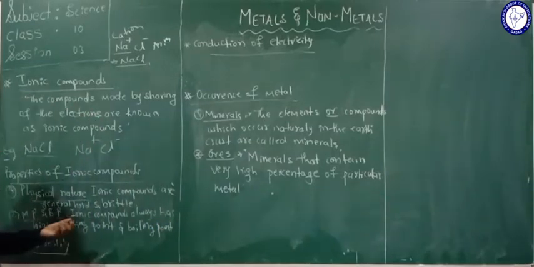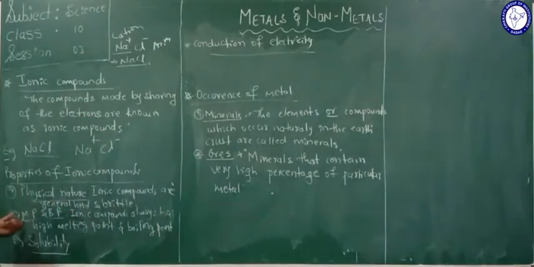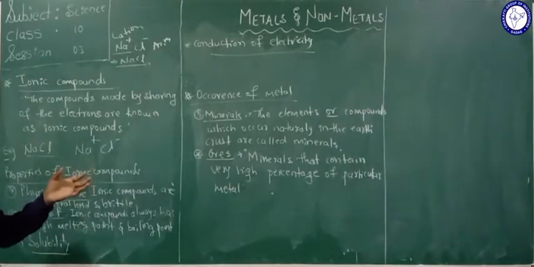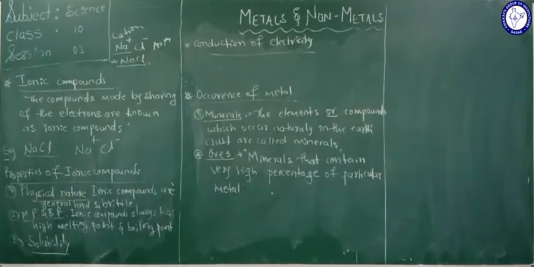So another property of the ionic compound here is the melting point and the boiling point. Generally, ionic compounds have a high melting point and boiling point. And what is the solubility here?